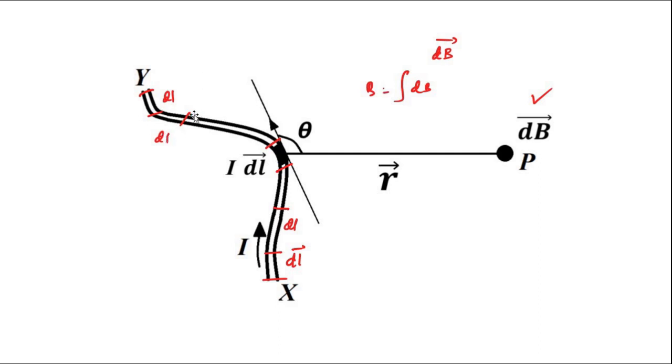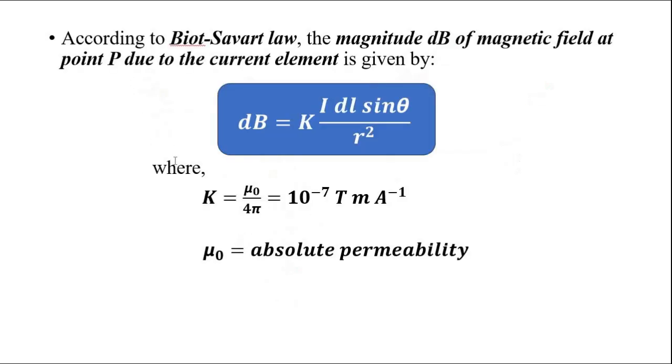For each of these portions, the magnetic flux density at point P is given by dB equals K I dl sine theta by R square, where dB is the magnetic flux density due to the small current element I dl.